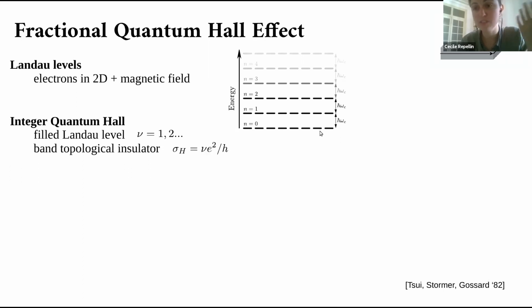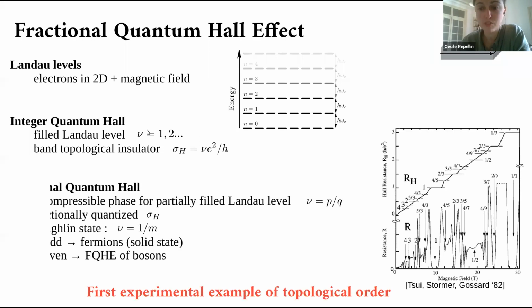And the filling fraction here is just how much have I filled my Landau level. So filling fraction 1 means fully filled lowest Landau level. Filling fraction lower than 1 means partially filled lowest Landau level, and so on. So here, what I'm most interested in is the case where the lowest Landau level is fractionally filled. So I have nu, which is less than 1.